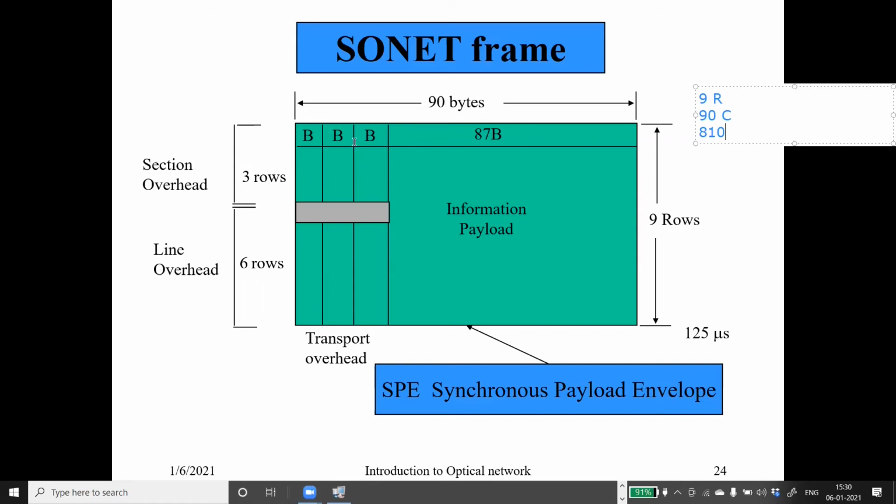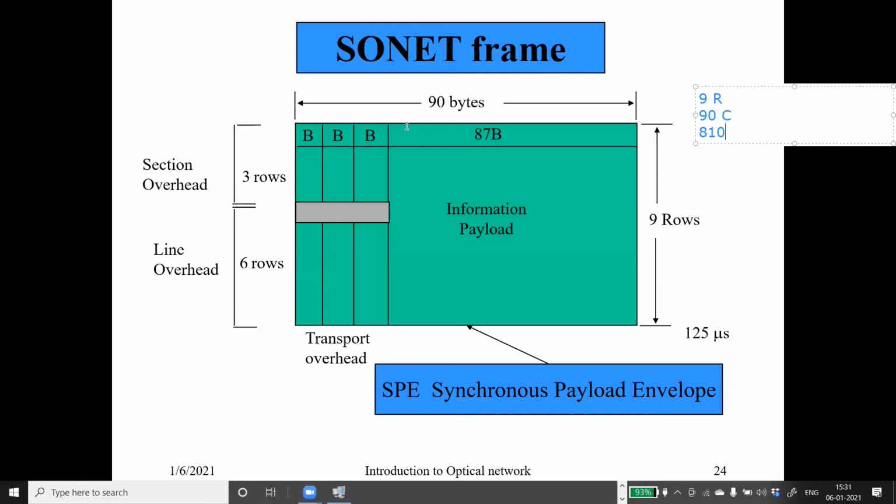Now what is happening in this, of this 90 columns, the first three are called transport overheads. Overhead is not the user information but the information to manage the payload, that is, to manage the user information. So this 3 by 3 is for section overhead, and the remaining 6 by 3 is for the line overhead, that is basically the bits used to manage your payload, where it is placed, what the information is, and other things.